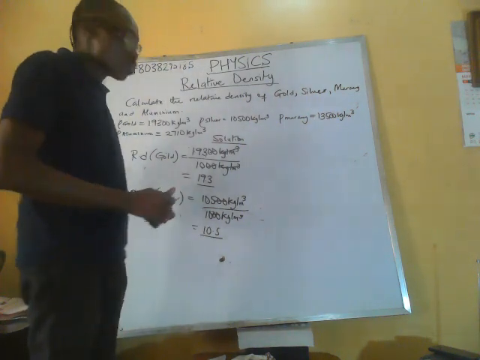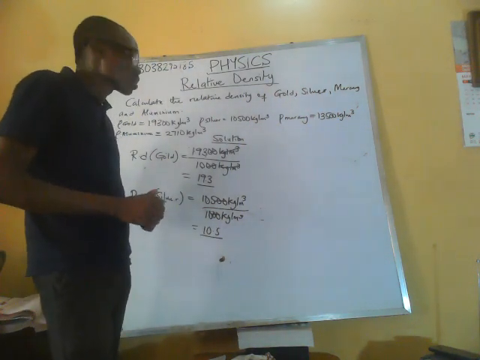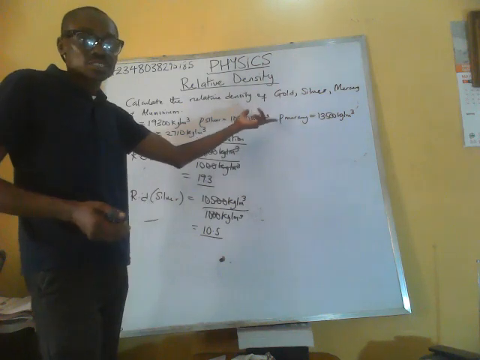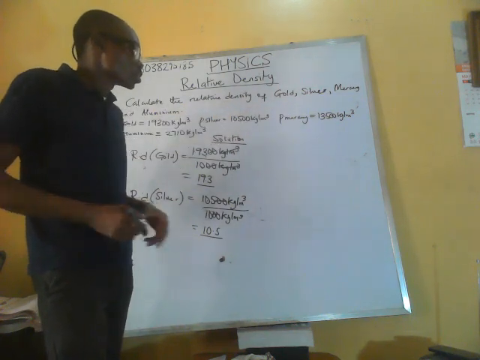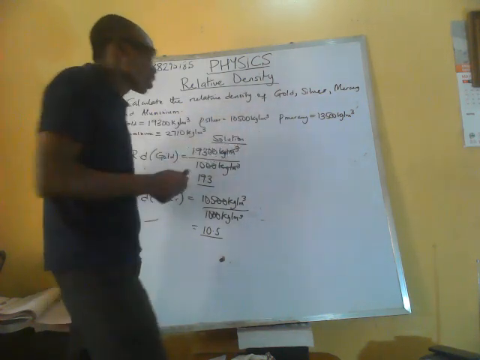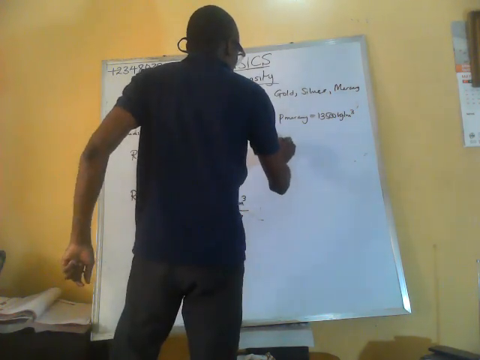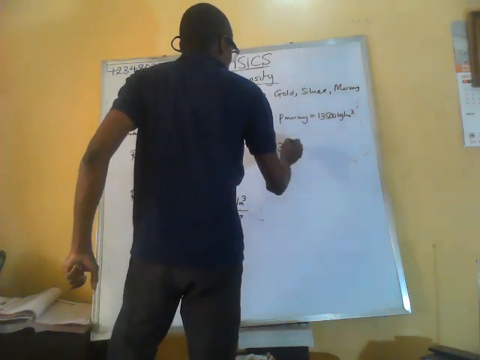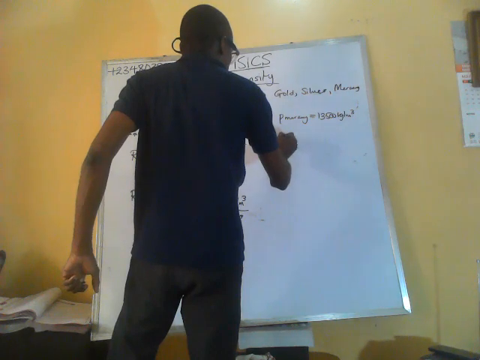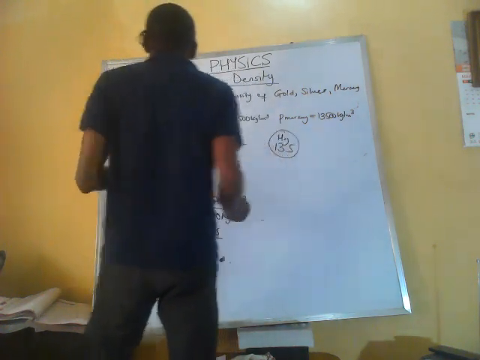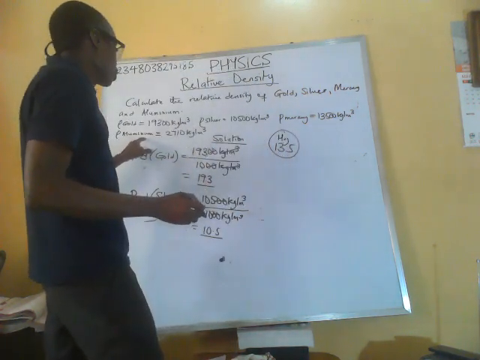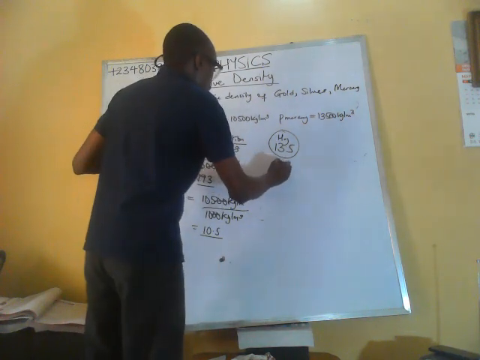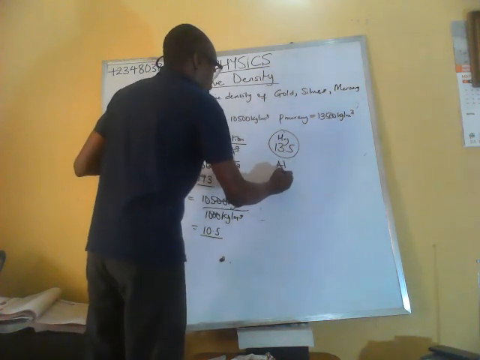So for silver, the answer is 10.5. You can go ahead and use the same approach to get the relative density of mercury. For mercury, you're going to get 13.5. Then for aluminium, you're going to get 2.71.